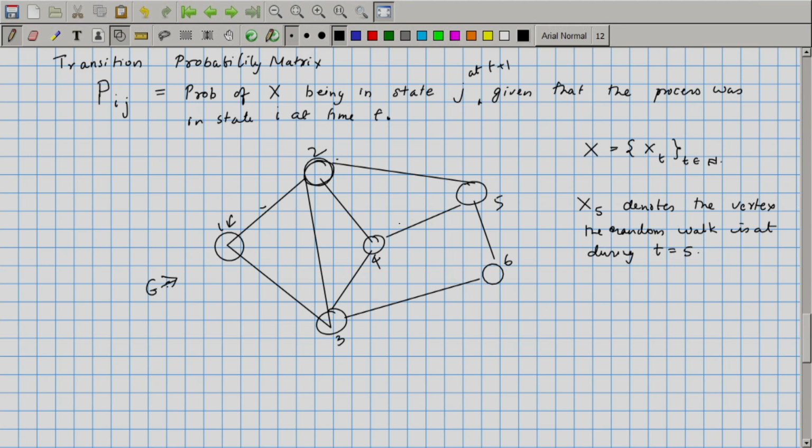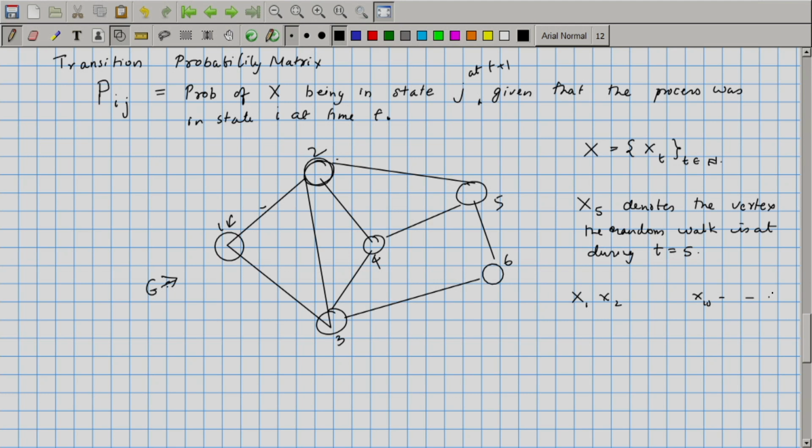So, keep on walking on this graph. When you are at any particular vertex, look at the out degree and choose one of those vertices uniformly at random and move to that vertex. You can keep on doing this, and this can be used to define a sequence of random variables x1, x2, x10 and so on. Okay. So, x10 in particular will denote which vertex you are at at time t equals 10.